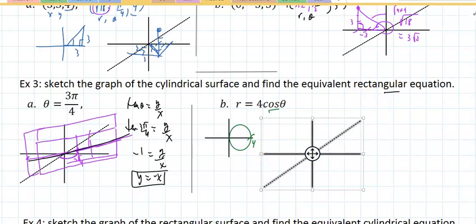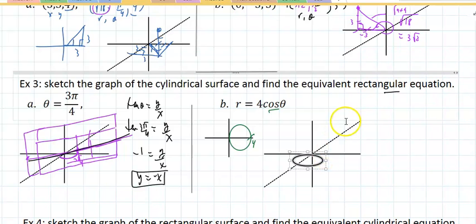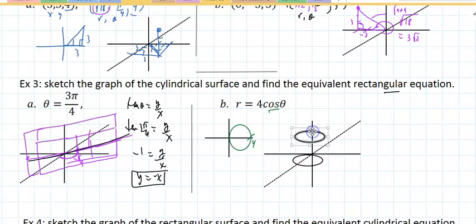So that right there is that right there. And that's an infinite cylinder because there's no z.